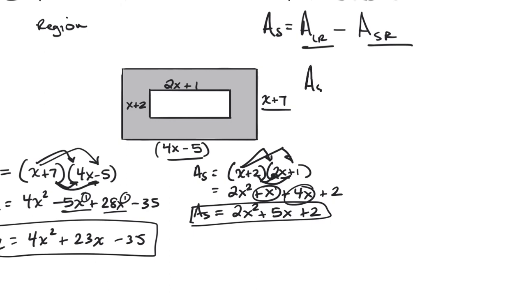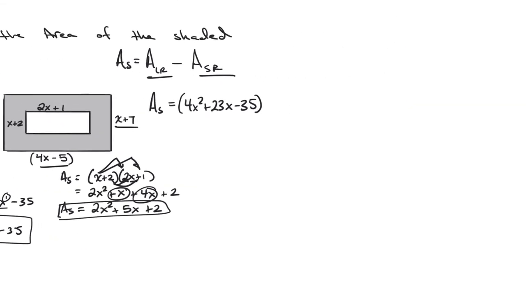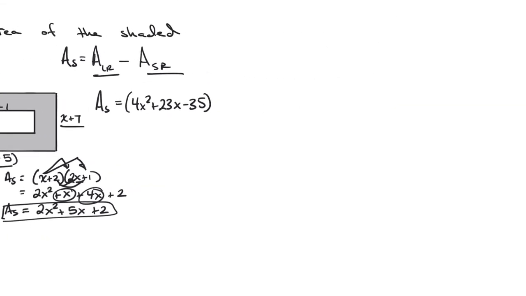So the area of the shaded region is going to be equivalent to the group of the first polynomial, which is 4x squared plus 23x minus 35. And then I'm going to give myself a little room here, so I'm going to go ahead and move this over. And then it's going to be minus the group of 2x squared plus 5x plus 2.